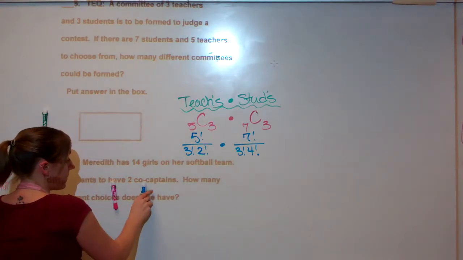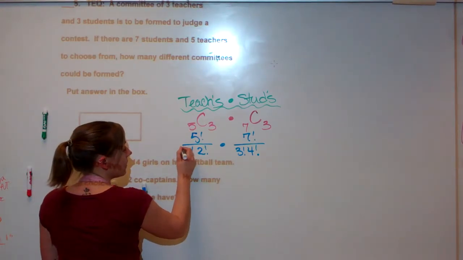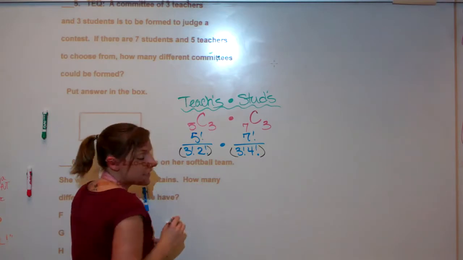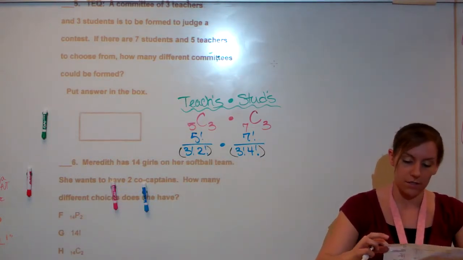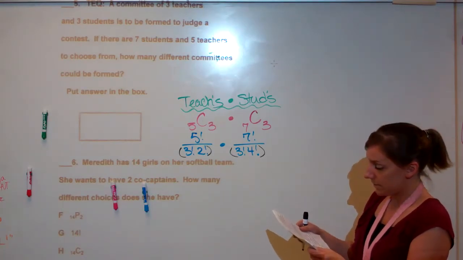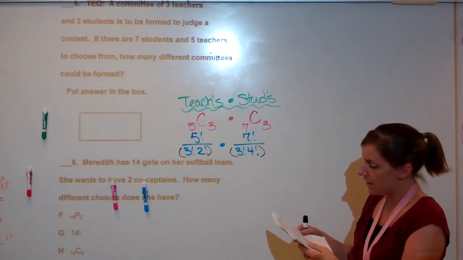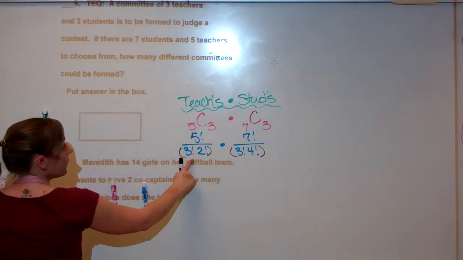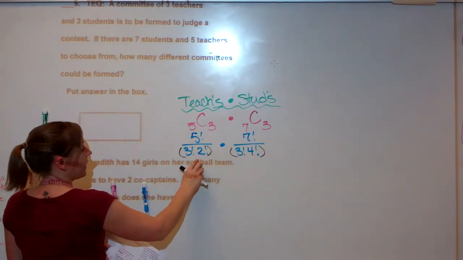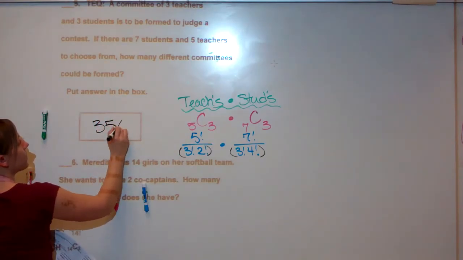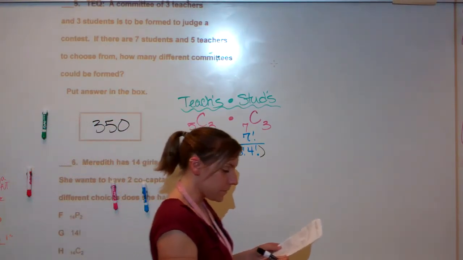Again, the biggest thing, be careful with your calculator. Put those parentheses around. And when I did all of that in my calculator, I got 350. I got 35 here, 10 here. Oh, excuse me, backwards. 35 here, 10 here. So that's 350 total. Okay?